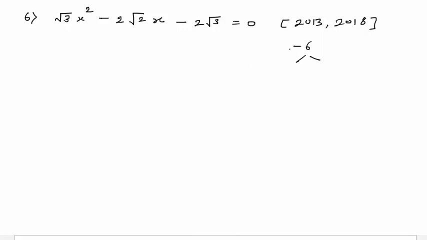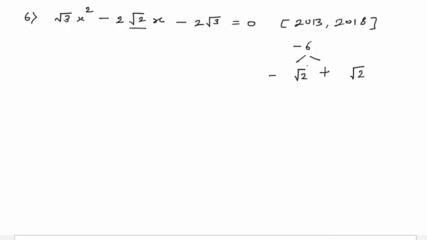So there are two things clear: first of all, one factor should be negative and one factor should be positive, and as I need root 2, root 2 definitely should be there in the multiple form. Now if I multiply this root 2 into root 2, I will get the answer as 2.